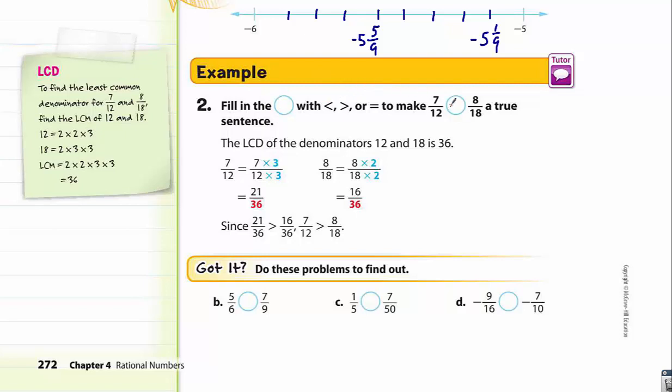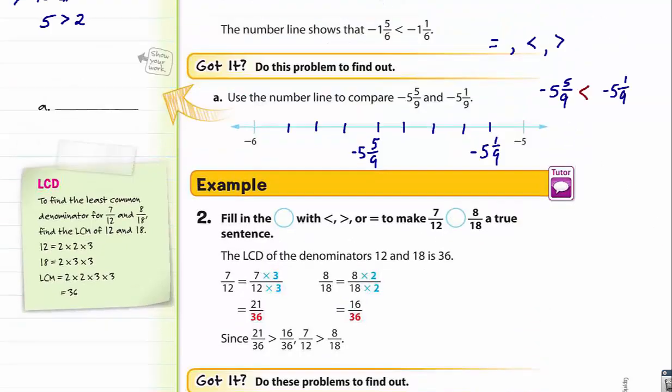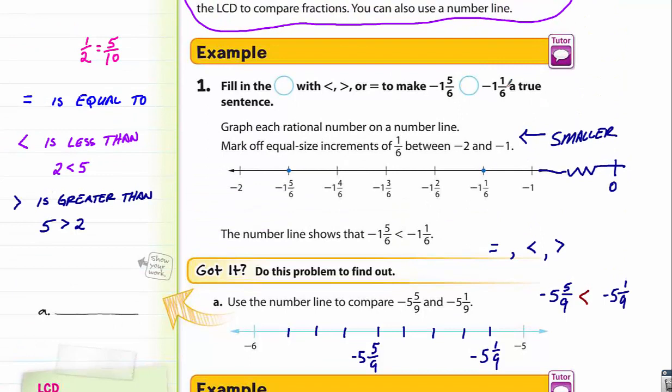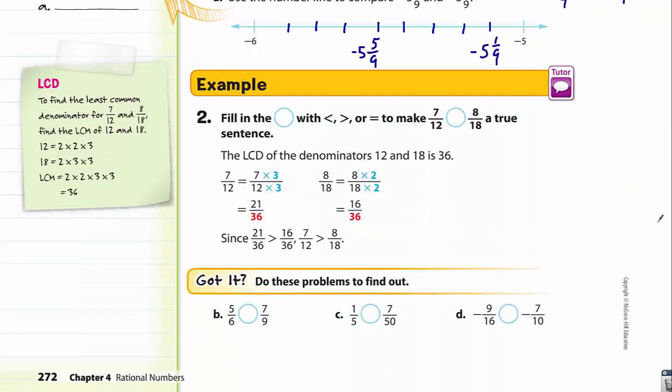Now, you might say, wait a minute, this is not quite as easy. And you're right. Let's scroll back up for just a minute. What made this simple was that these denominators were the same. Everything was in sixths. So now, you'll notice in this example, they've used a common denominator. They've said, what do 12 and 18 both go into?